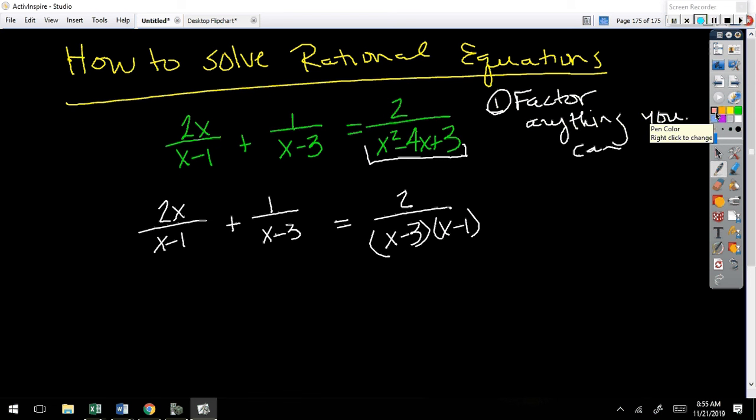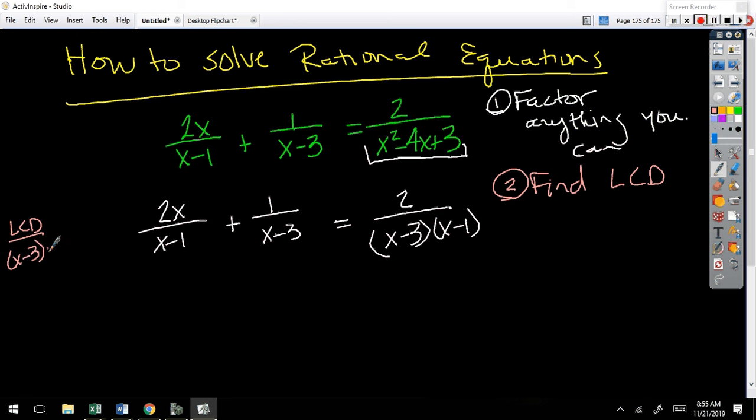All right. So now, Cameron, yes, we're going to find the LCD. But as we look, every piece in the equation has to have the exact same denominator. So what in this case would be the LCD? X minus 3.